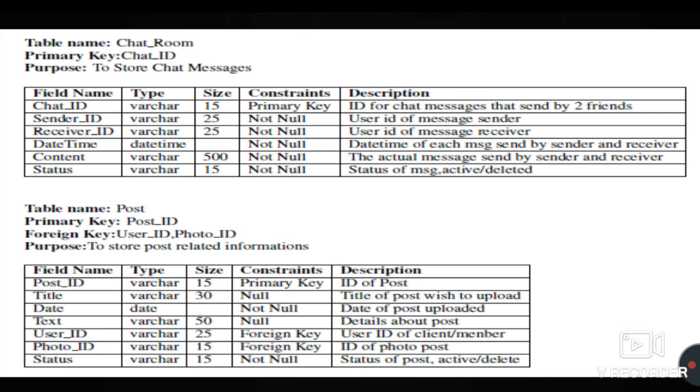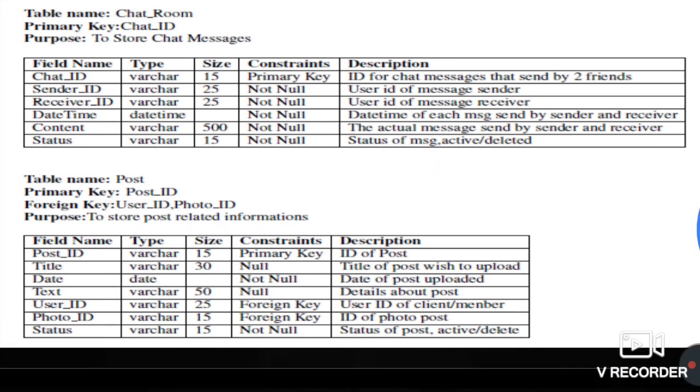Send ID is the user ID of the message sender, and receiver ID is the user ID of the message receiver. Date time means the date and time of each message, and the content is the actual message sent. Status is the status of the message, active or deleted. Here date time is datetime, and all other fields are varchar.